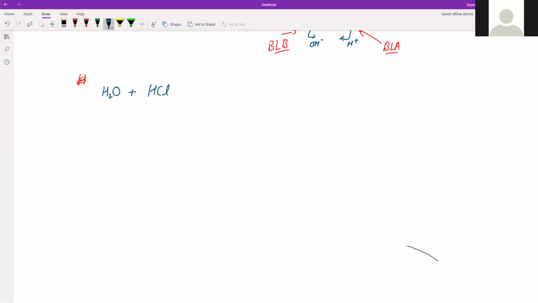So this is called an aqueous solution of HCl. And in that, what will HCl do? It will lose a proton. That is also one of the definitions: a compound which loses a proton in its aqueous solution is called an acid. So what happens now?